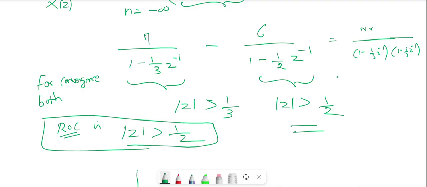You solve and you will get Z times Z minus 3 by 2 divided by Z minus 1 by 3 into Z minus 1 by 2. So these are the zeros and poles, and you can represent them.